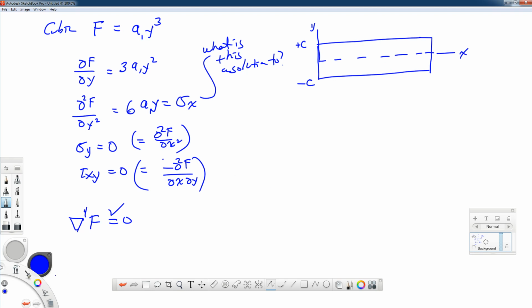Well, what this equation is telling us is that our stress field in the sigma x direction varies linearly with distance y. So as I increase up the y direction, my stress sigma x increases.